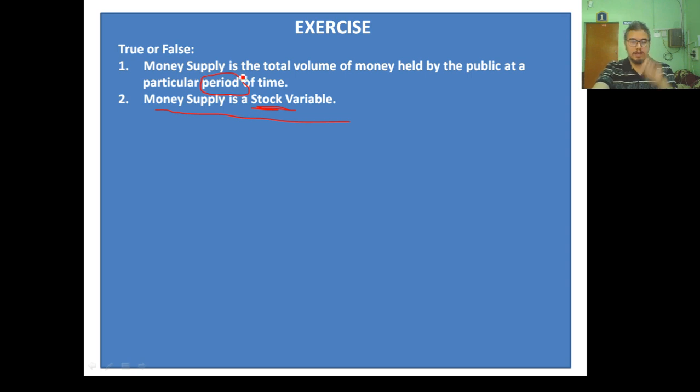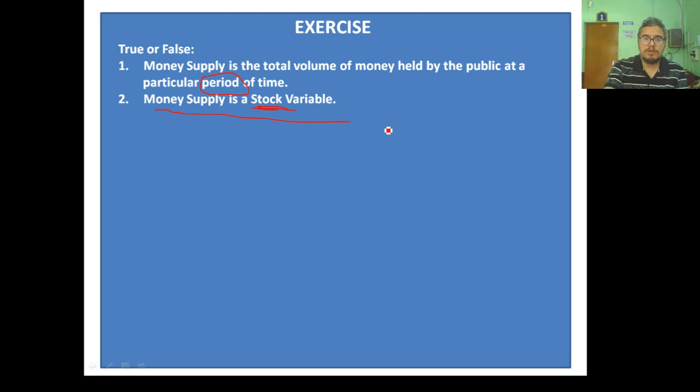Okay, in our definition we have seen that it is a point of time, but here it is written as period. So many students may get confused and write the answer as a true statement, but it is a false statement. That's the reason why you have to learn the definition properly. Okay, you need to know the concept properly in order to answer this type of question. So this is a false statement because period is written here.